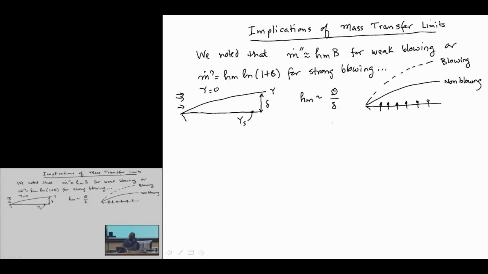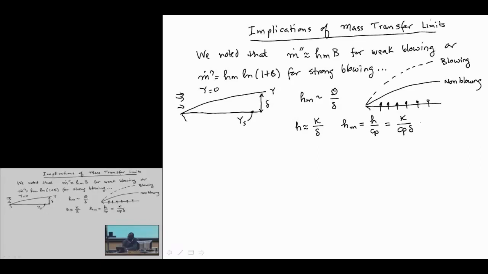So let me just do one thing. Remember, for the heat transfer coefficient, h looks like k over delta. And just so we're on the same page, h_m is equal to h over c_p, which is equal to k over c_p delta.